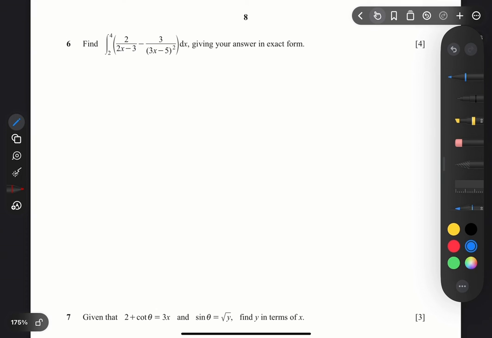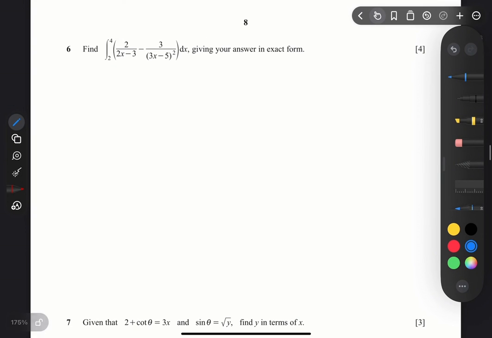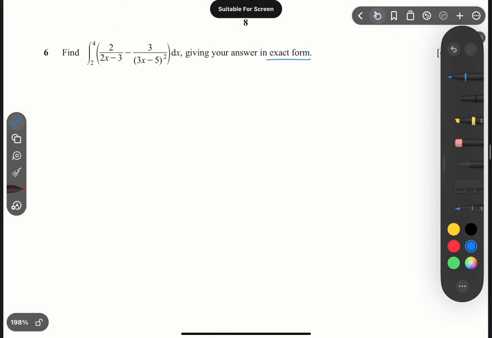So integrate this, giving your answer in exact form. You can do the integration separately first.